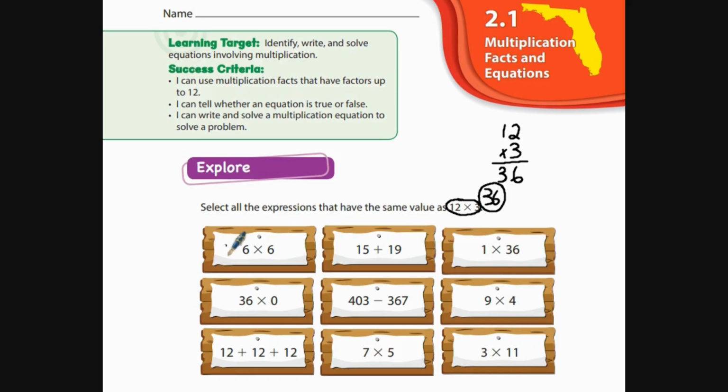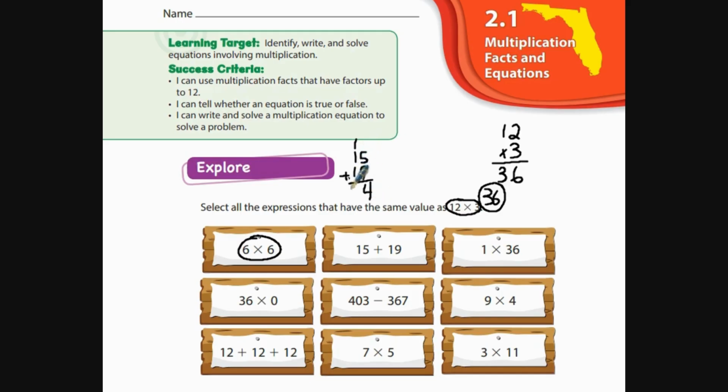So in this one, we'll have to think, which one of these equations equals 36? Well, I know that 6 times 6 is 36, so we're going to circle that. Now we have 15 plus 19. We're going to have to do the math and add 15 plus 19. 5 plus 9 is 14.